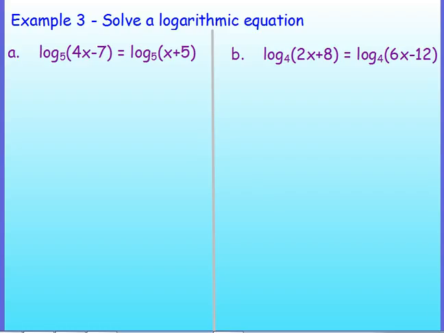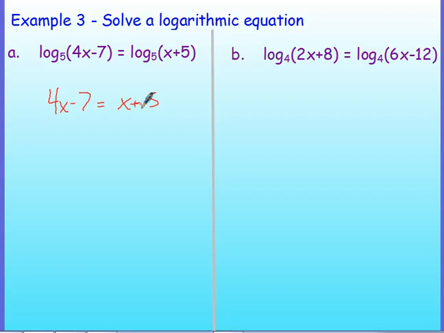So if I have log base 5 of (4x - 7) equals log base 5 of (x + 5), essentially ignore the logs, and I have 4x - 7 equals x + 5. That's easy, right? Now what? There's no exponents here, so now just solve.